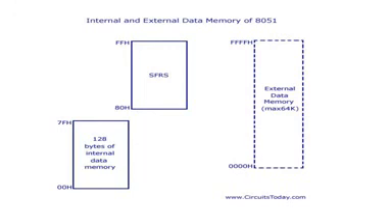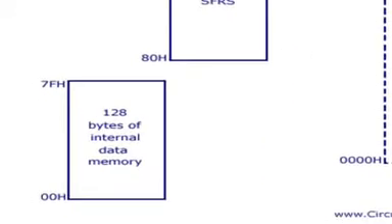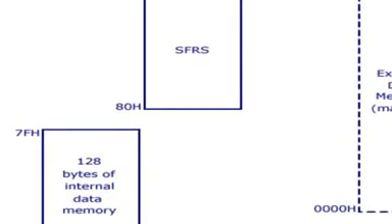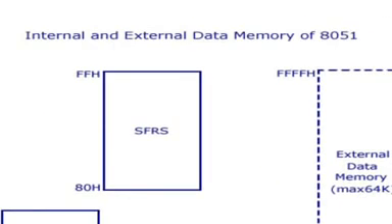See, internal and external data memory, that is RAM. Internal RAM is 128 bytes, which we write in hexadecimal form, 00H to 7FH. The address is 8-bit in size because it has only 128 bytes.